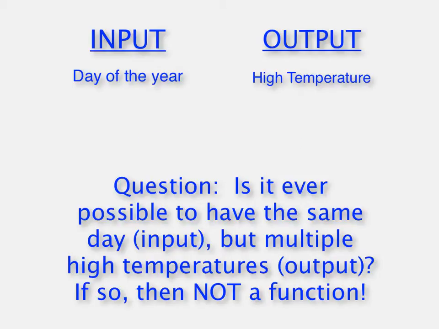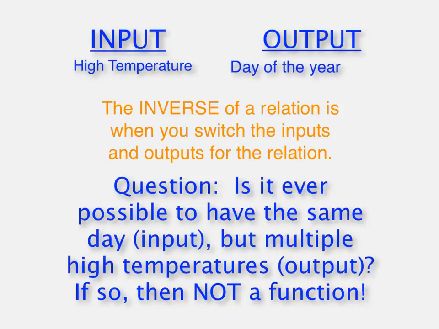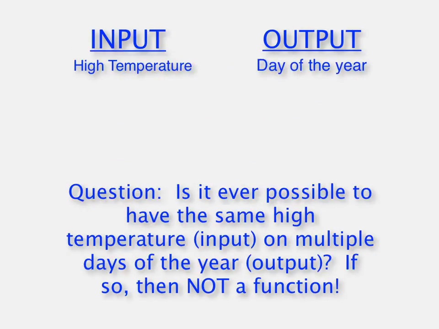Let's think about the inverse of that. And the inverse happens when you swap the input and output for a relation. So what if we called the input the high temperature for a day, and the output would be the day of the year? Is it possible to have a single high temperature, but have that be the high temperature for multiple days of the year?